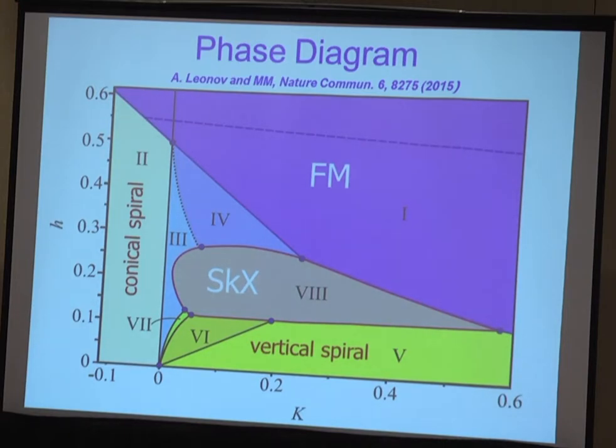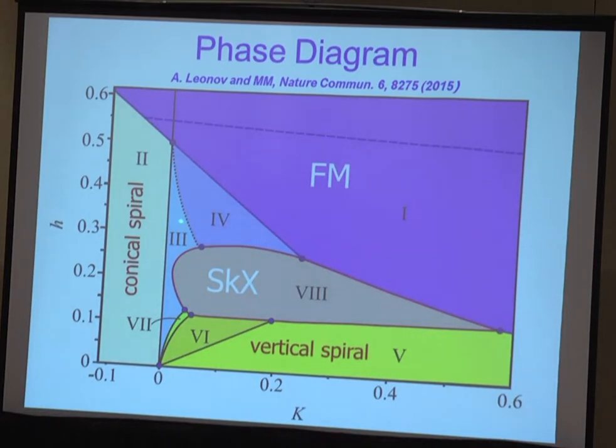The reason why the phase diagram is richer than in chiral magnets is that in chiral magnets, the Dzyaloshinskii-Moriya interaction stabilizes spirals. Whereas if you have competing exchange interaction, you stabilize all kinds of states: spirals, sinusoidal modulation. So this is just a vertical spiral, but for instance, this state is a vertical spiral plus a sinusoidal modulation with different wave vectors.